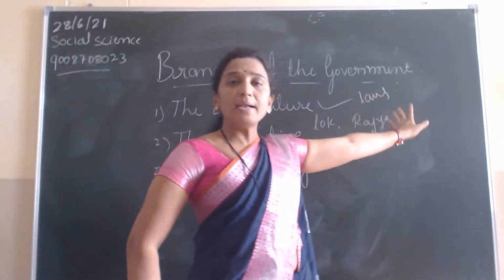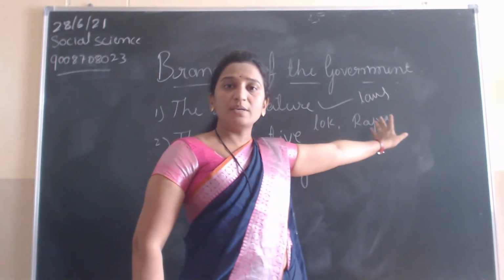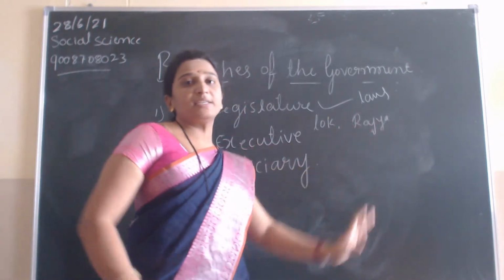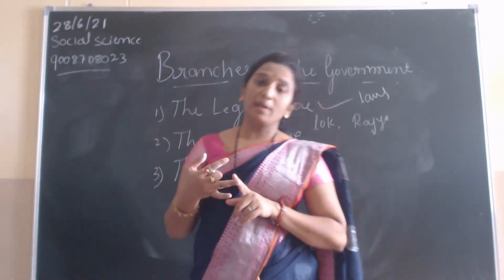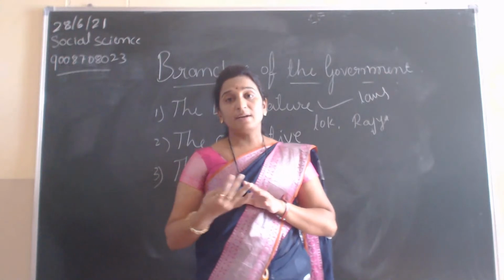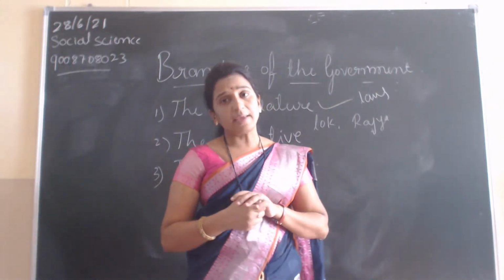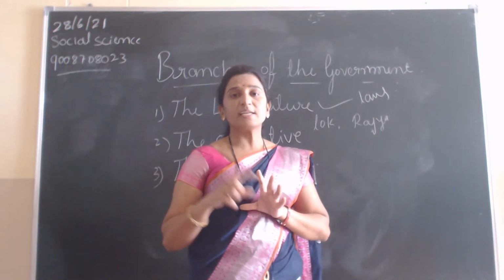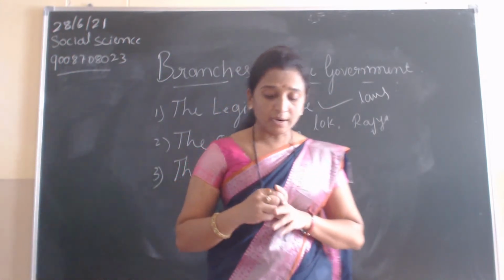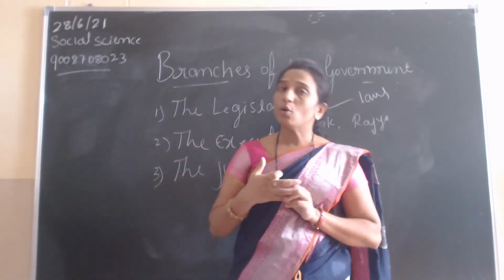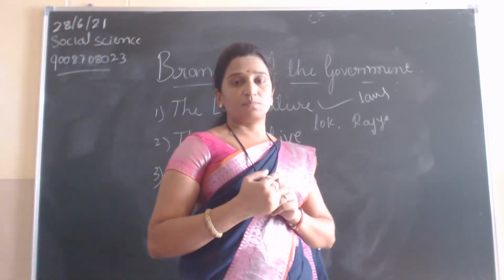It is an independent branch of government. It will undertake making the laws and forming the policies, and the members are elected by direct and indirect means. It consists of a president and two houses, that is Lok Sabha and Rajya Sabha.